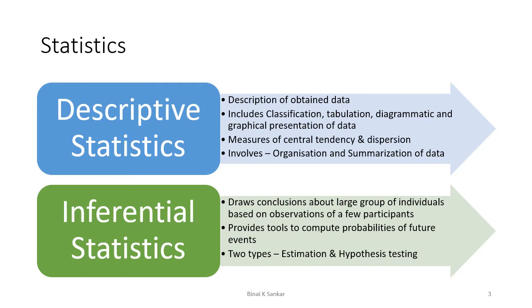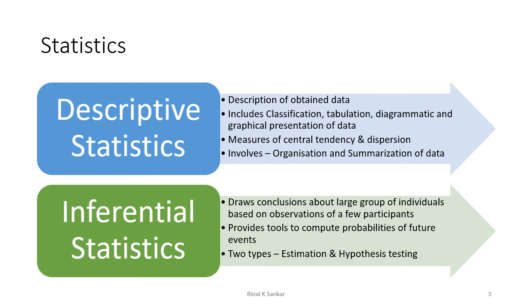Inferential statistics, as the name suggests, is used to draw conclusions or inferences based on an observation. For example, you would like to find out the risk of a particular disease in an age group. The most commonly used example is the risk of developing lung cancer in a population of smokers. So you do a pilot study or a cross-sectional study.